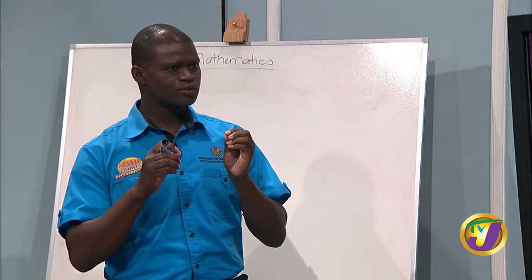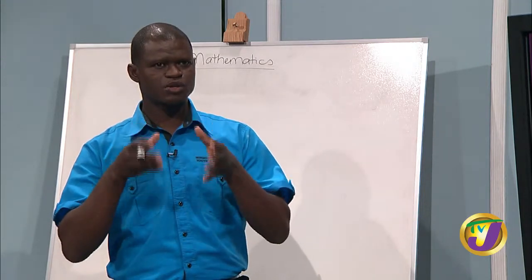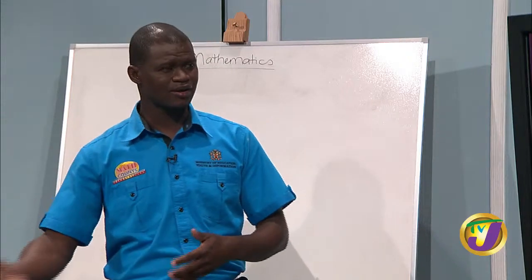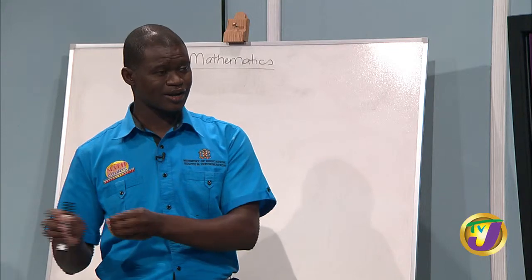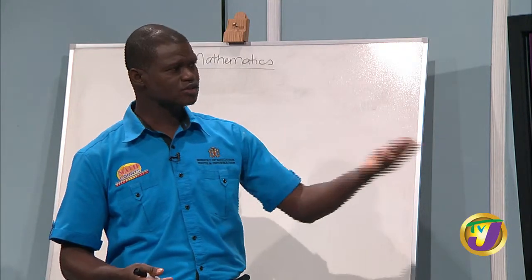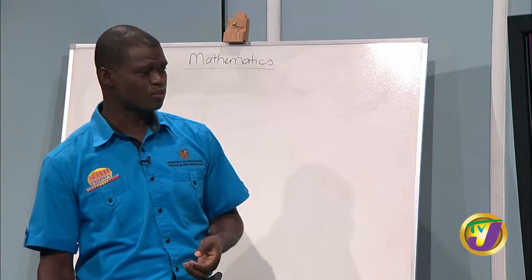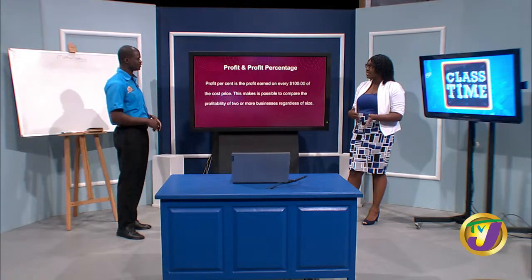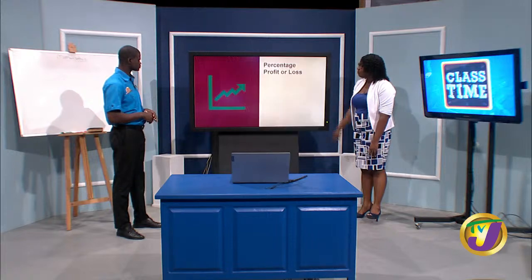When you use percentage profit, you're really drilling down into how much profit you make on every $100. So whether you're a big company or a small company, how much profit do you make on every $100 or even every $1? That is how the profit percentage is really important. And we're going to see that more as we go along. So does that level out the playing field in terms of making a comparison? Definitely. All right, so I'm kind of getting it now.